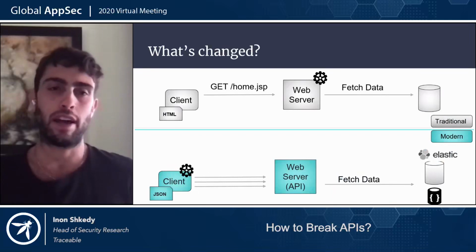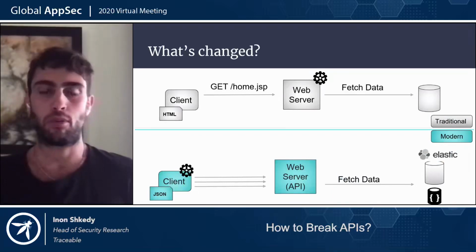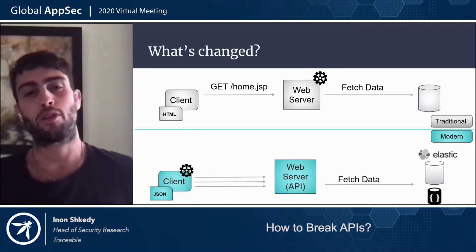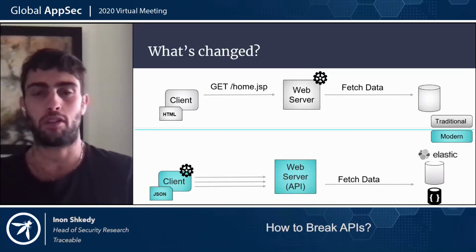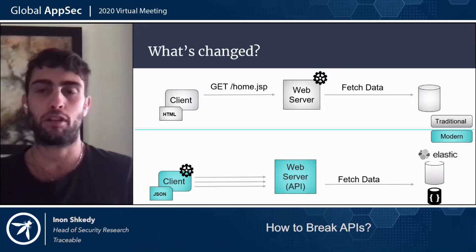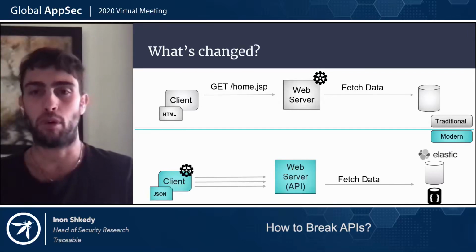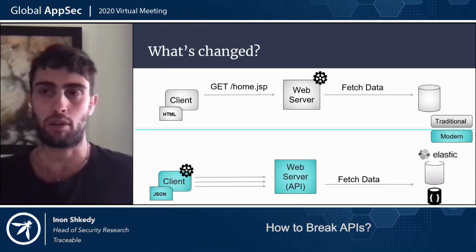So I want to talk at a very high level, briefly, about what has changed between traditional applications and modern applications. Here on the top of the screen, you can see the traffic patterns between the client, web server, and database in the case of traditional applications. In the past, it used to be pretty simple. The client would send an HTTP call to fetch one specific web page, for example, home.jsp, and then the web server would fetch data from the database in order to build the visual web page that would be sent back to the client.